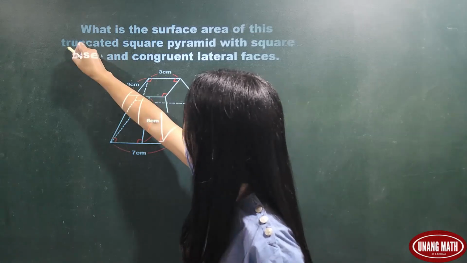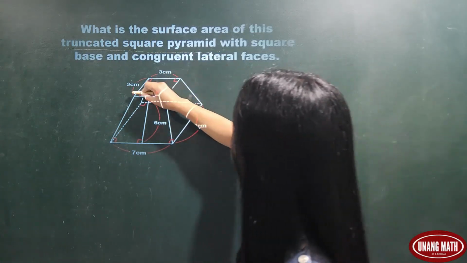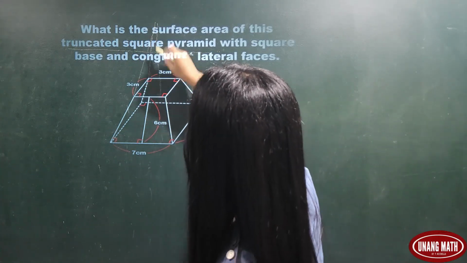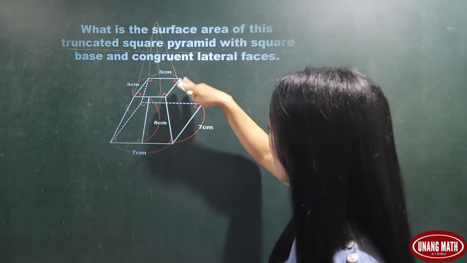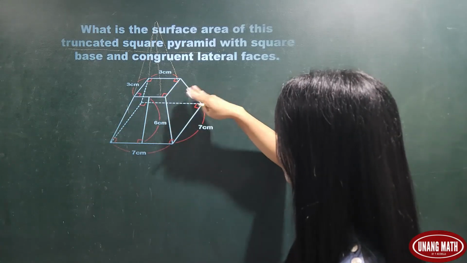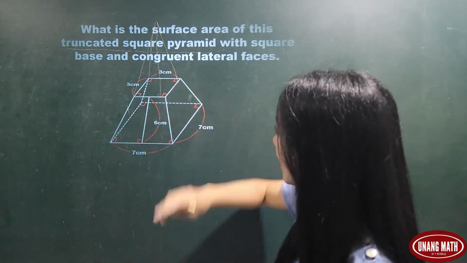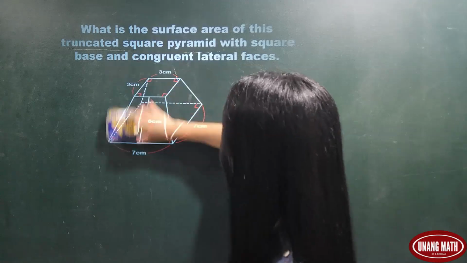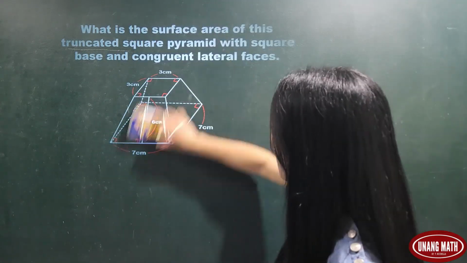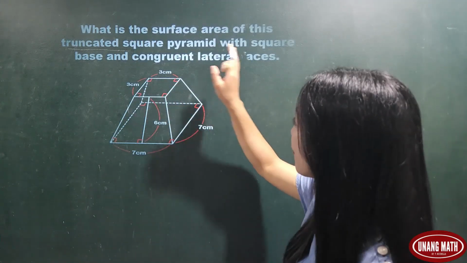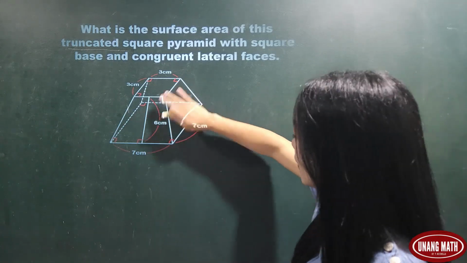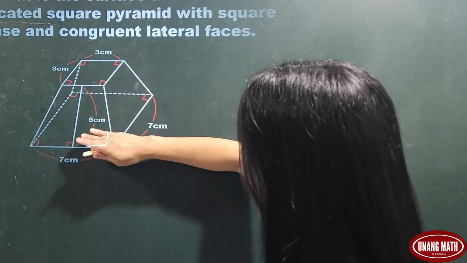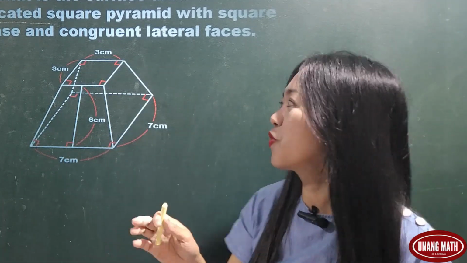If it's a truncated square pyramid, originally this is a pyramid, and when this pyramid is cut by a plane parallel to the base, this truncated square pyramid is formed. Our aim is to find its surface area. If you take a look at this one, we have 2 bases, but they are not congruent.